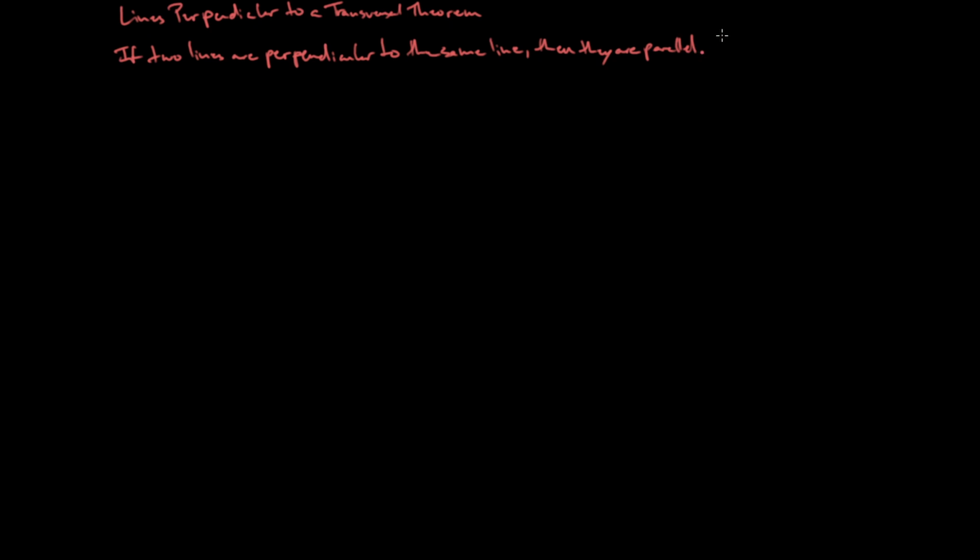This actually has one big caveat that's important to mention. One of the assumptions we're making for a lot of these proofs is that everything is in the same plane, and that's really important to note here. So what I really should say is if two lines that are in the same plane are perpendicular to the same line, then they are parallel.